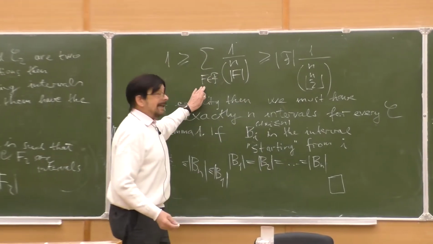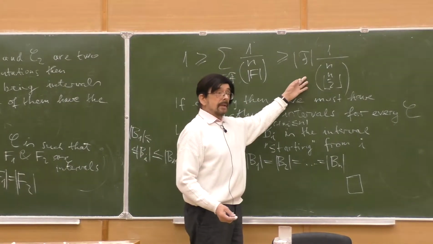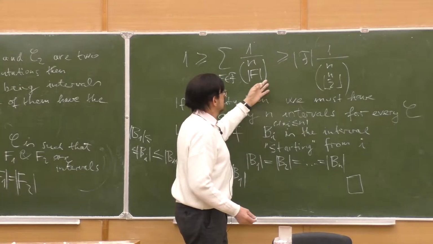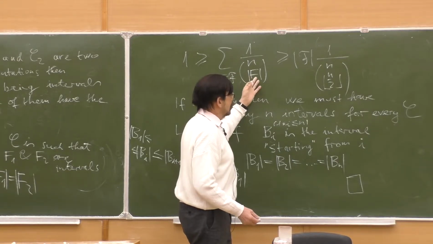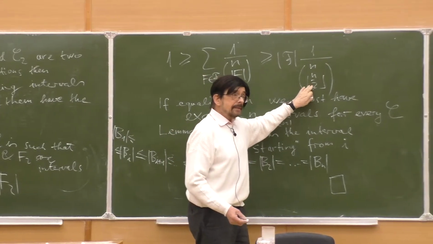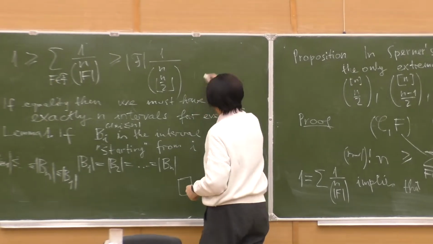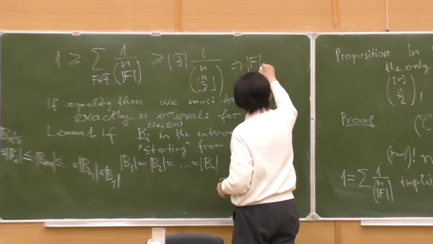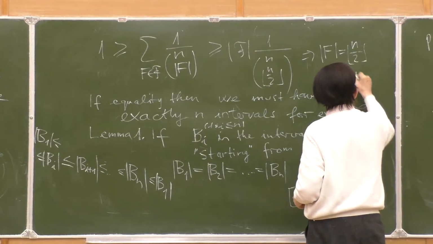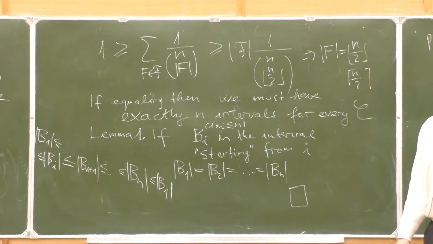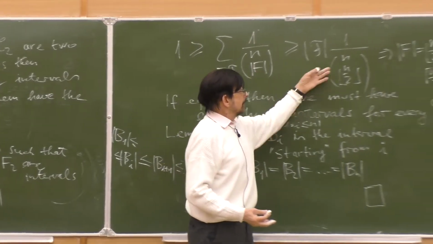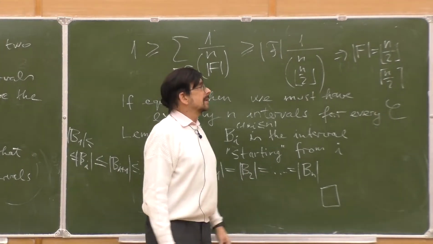So, and then if we want to get equality here also, then we must have that f, this common f, is either this one or that one. If you take a different value, then it will be different here. So this is the case.